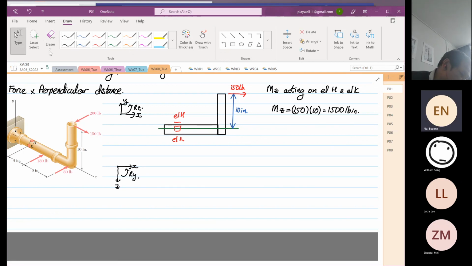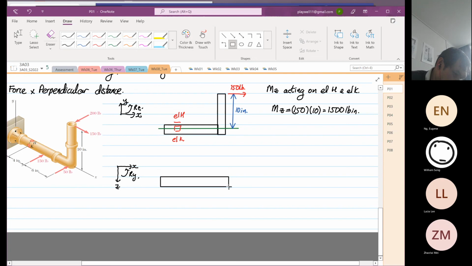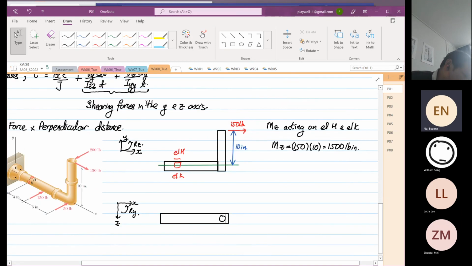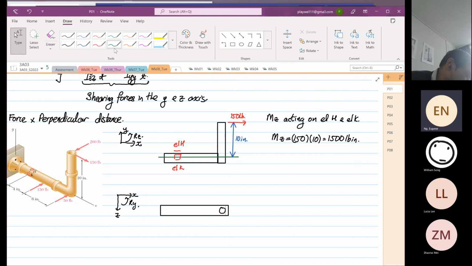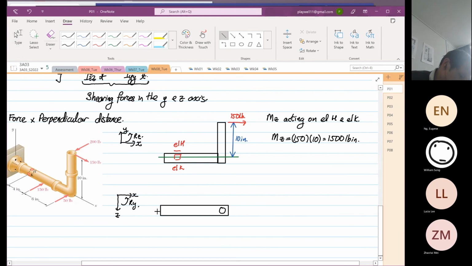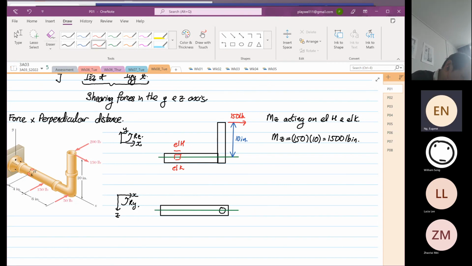I'm going to sketch the plan view now, and I'm just going to focus on one force, just one. And then we are going to look at the neutral axis. Then we are going to sketch our element.